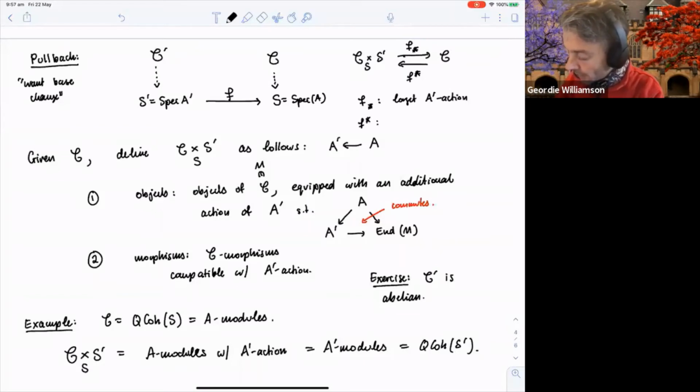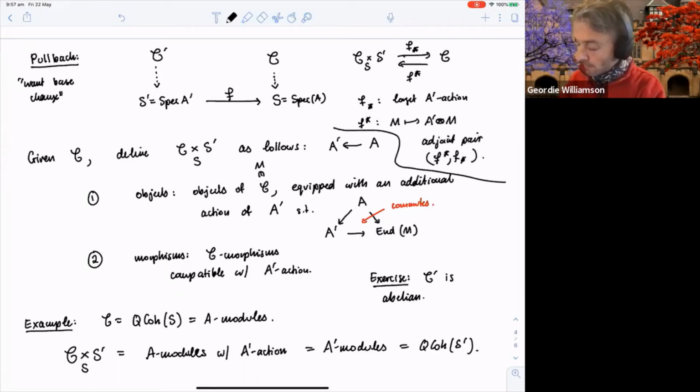And F upper star sends an object M to, we've just seen that it makes sense to tensor with an A module, and A prime is an A module. And these form an adjoint pair. Okay.